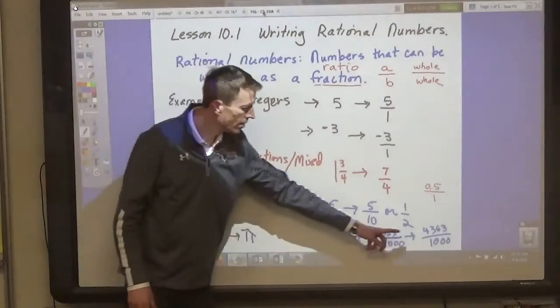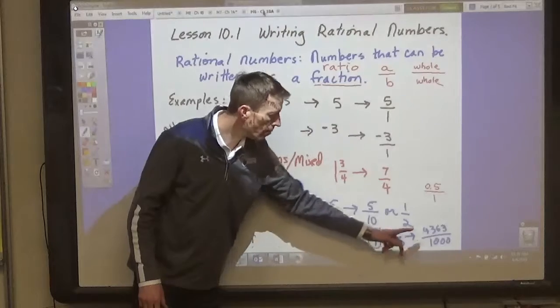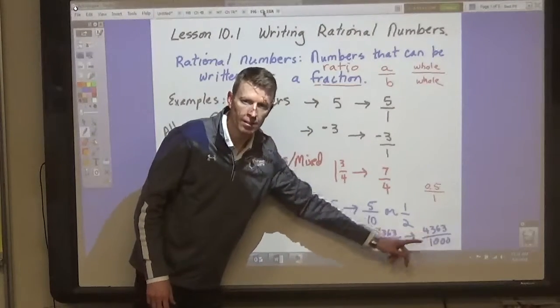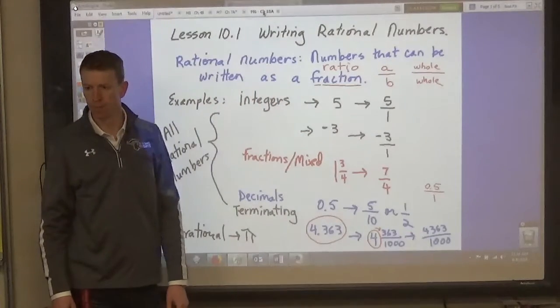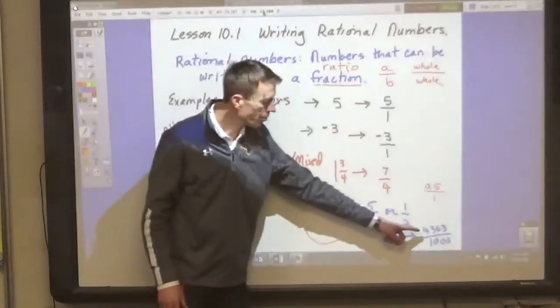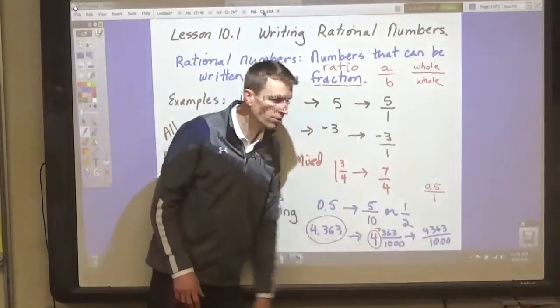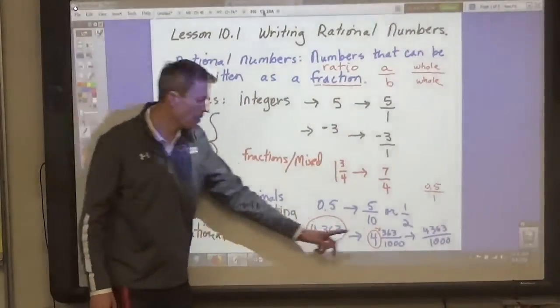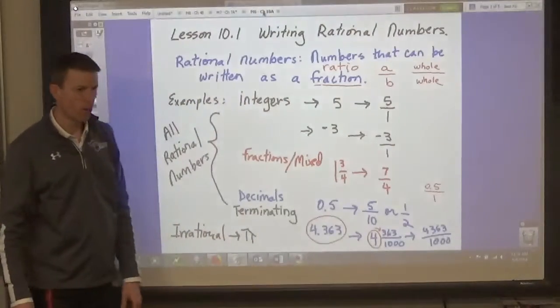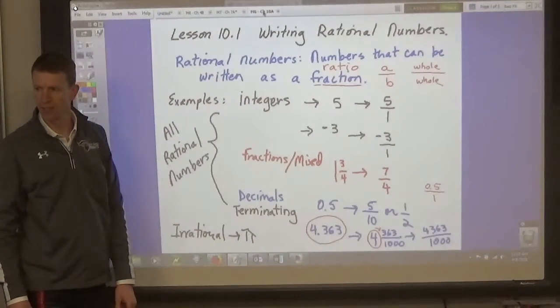And then move the whole number to the top line, to the numerator. 4,363 thousandths. Or you can just do that right away. 4,363 thousandths. Okay?